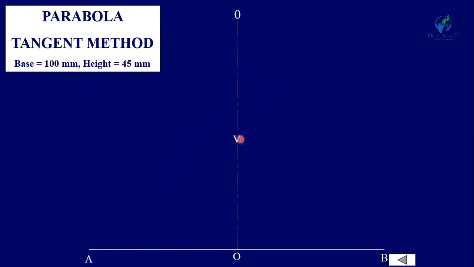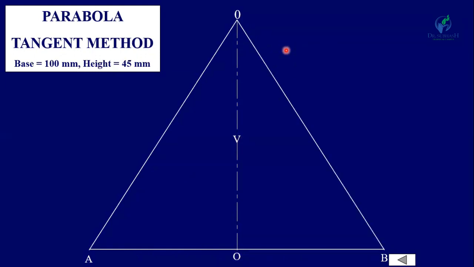And at 45 mm, mark the vertex V. Now join this O' with A and B and complete one triangle ABO'. Now the next step is to divide this line AO' into 10 equal divisions.